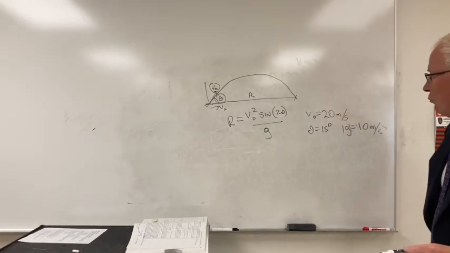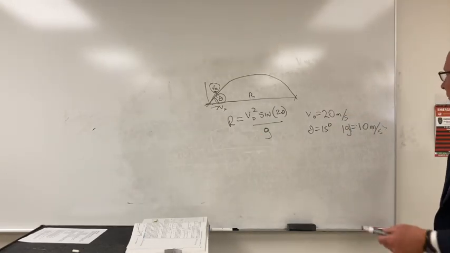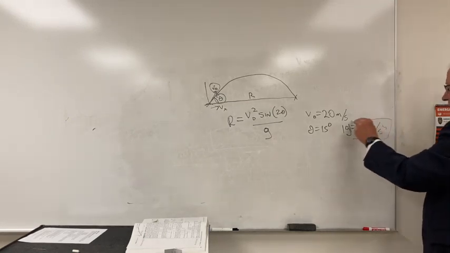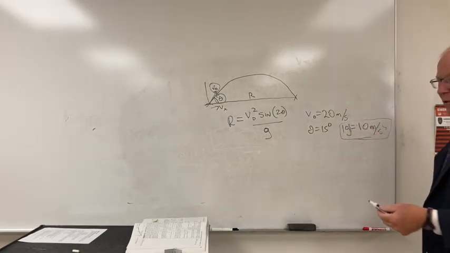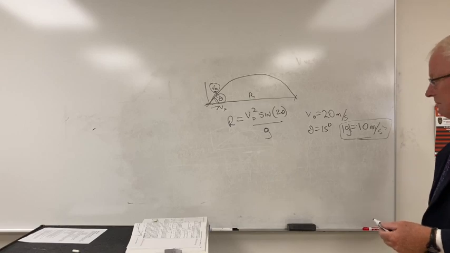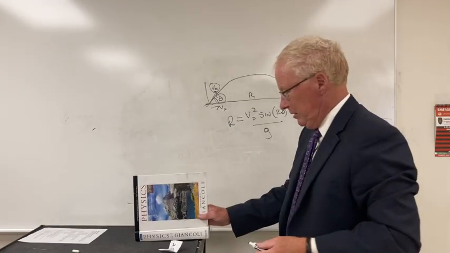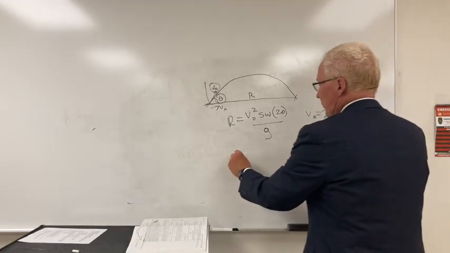So what would be the range for this problem? I'm only going to use 10 meters per second squared, just for simplicity, since I don't have a calculator at the moment. That doesn't matter. So put that in.